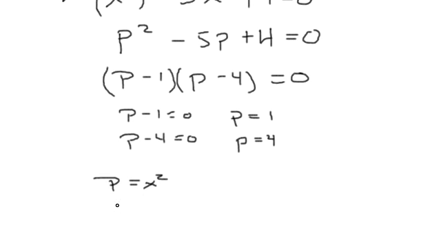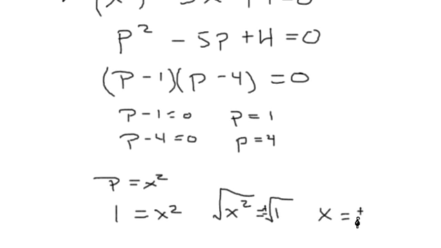So if p is 1, then we want to solve for x squared in this problem. And I'm going to write it like I've been writing it, putting the x squared on this side. You square root both sides. Remember, when we square root, we have to write plus or minus. So we end up with x is equal to plus or minus 1.